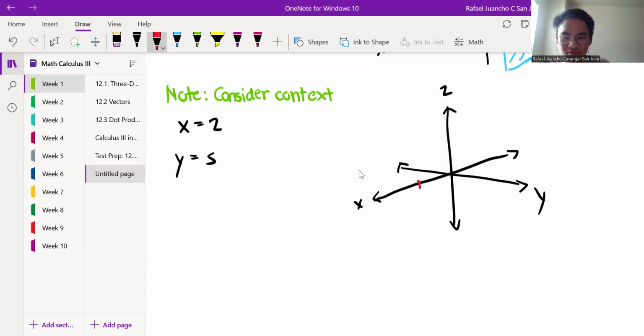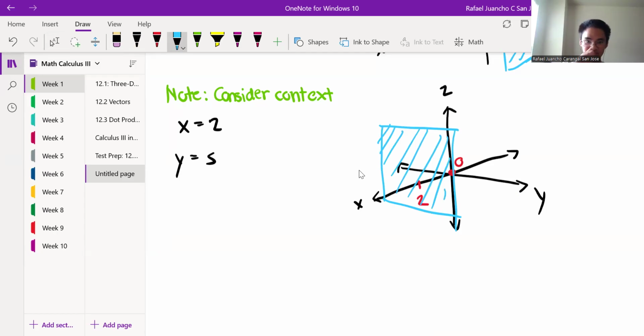So probably here, this is the origin, assuming it's the origin. This is 2. So x equals 2 is this. I can't draw. Like that, right? So these are the set of all points as long as x is 2.